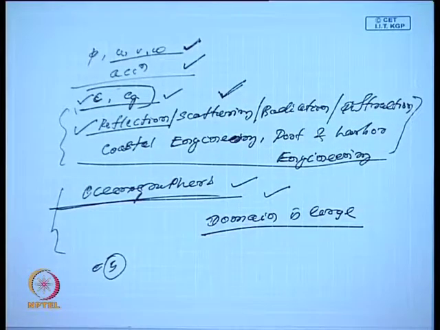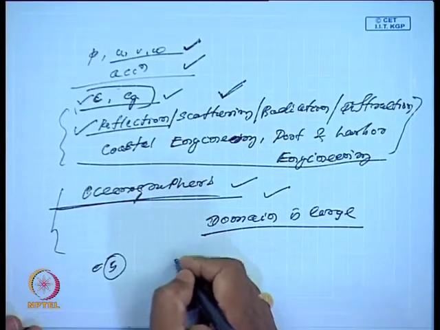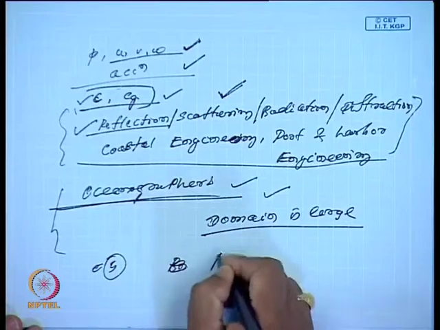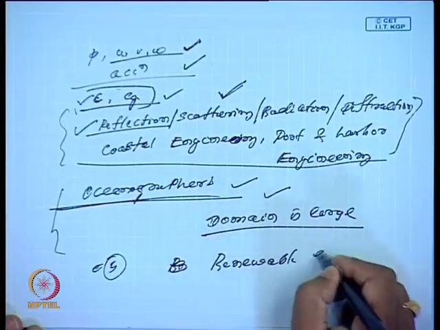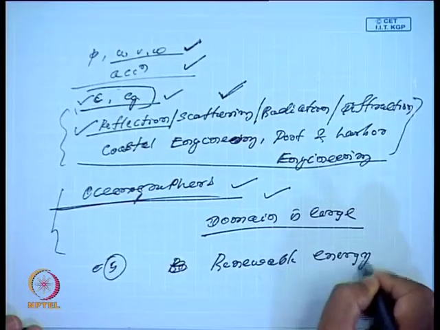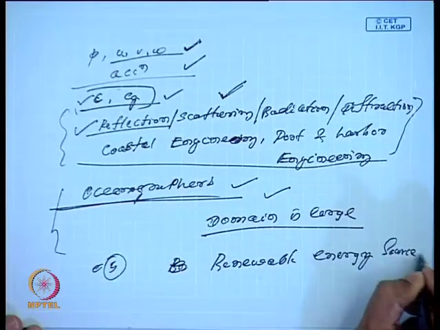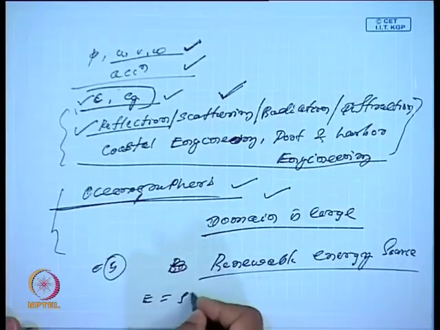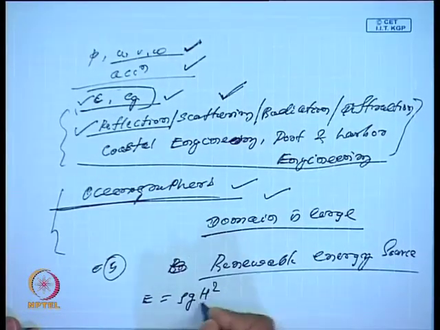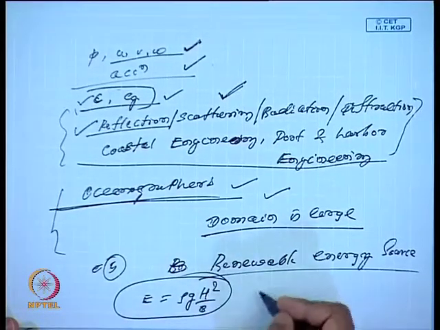Another aspect of today's concern is energy extraction from the ocean waves, that is wave energy extraction, renewable energy. We have seen that in the case of waves, E is rho g H squared by 8, so energy varies as the square of the wave height.